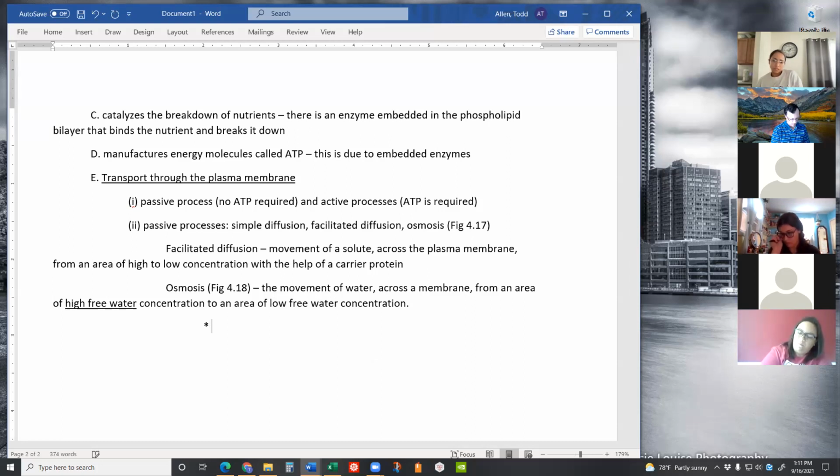I'm not sure. Okay. Thanks, Aubriana. Let me just put this down in your notes. Free water means that the water is not interacting with the solute.